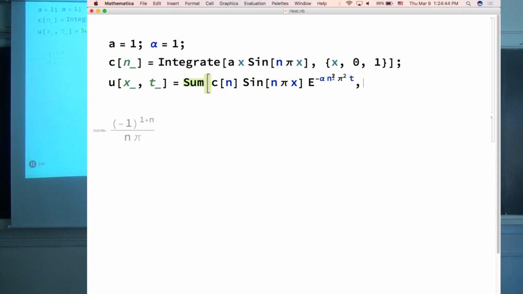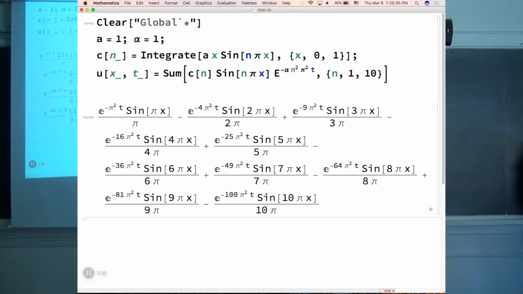Am I right? From 1 to, well, we'll just go with 10 terms first. We have to be pragmatic. I don't think we can do infinity, because I don't think this is the sort of series that you can add in closed form. So it won't help, at least from the intermediate point of view. And here's the answer. So it will be a long sum, but here it is. Okay, so this is the series.